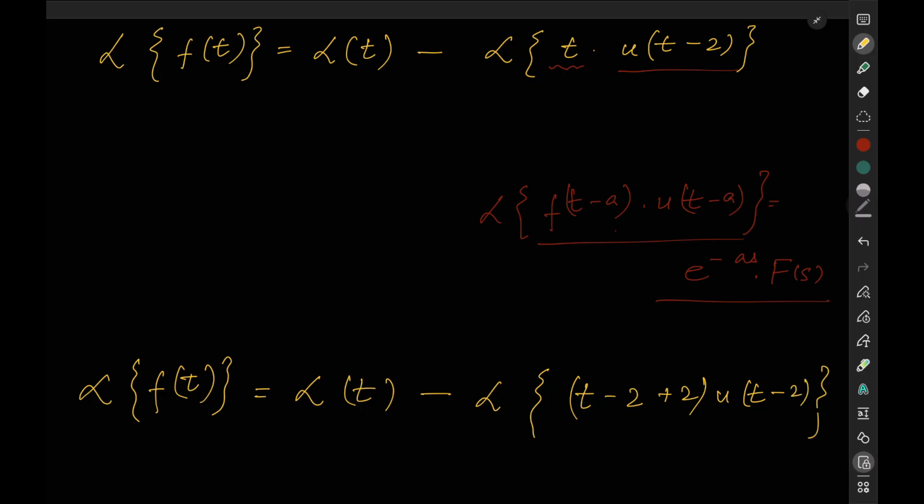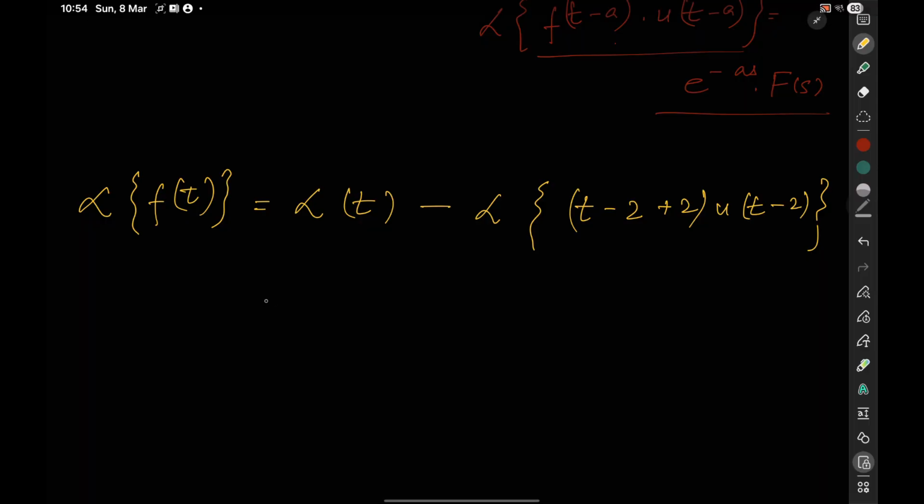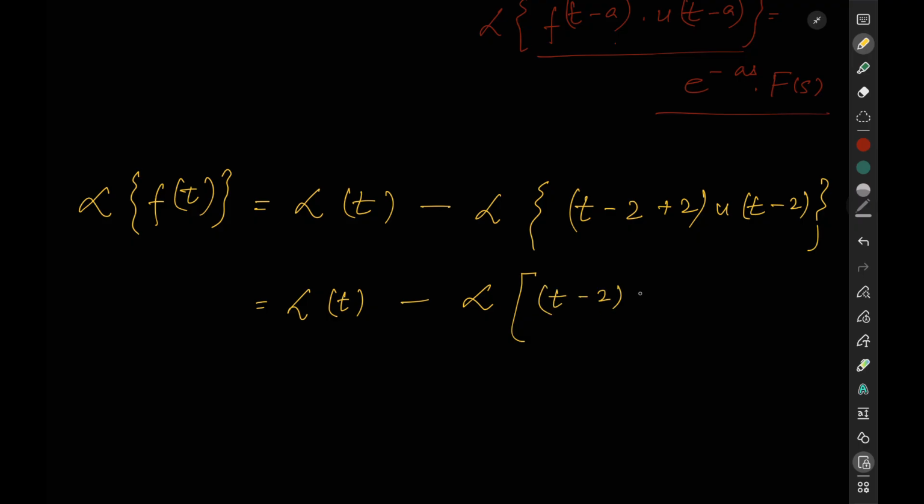We add 2 and subtract 2. So it will become the Laplace of t minus the Laplace of (t minus 2) u(t minus 2) plus 2 u(t minus 2).